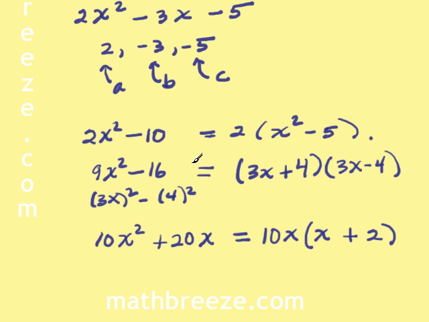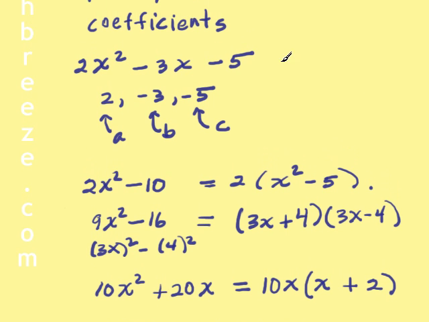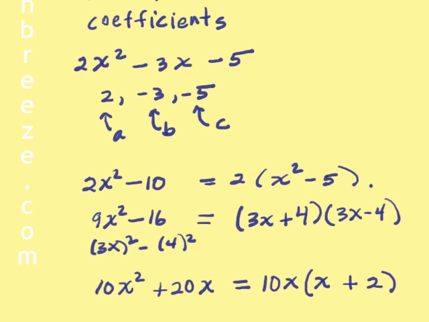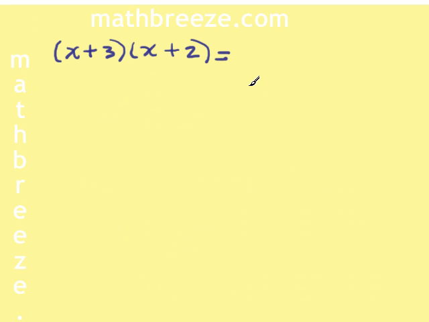Now these are all two terms. Either we ended up using the difference of two squares formula, or we just pulled out a common factor. But we want to factor things with three terms. So we'll start by doing a product that gives us a quadratic. Let's look at this product, a binomial times a binomial.